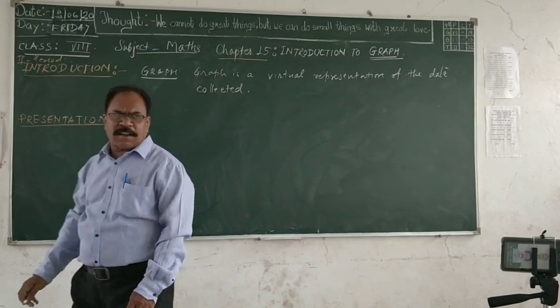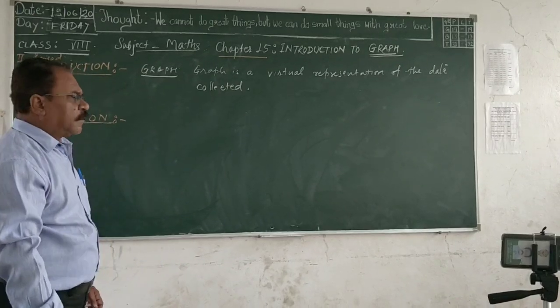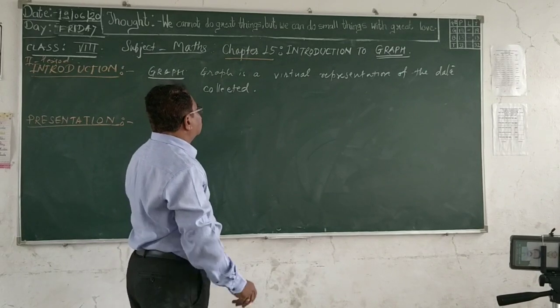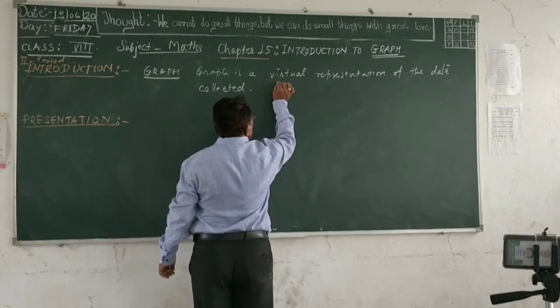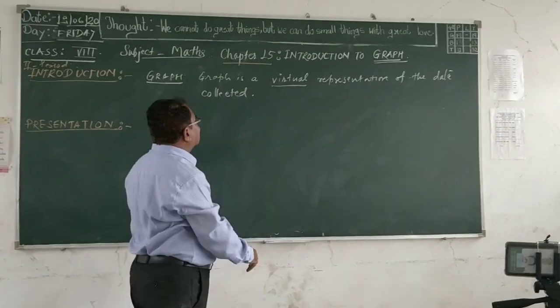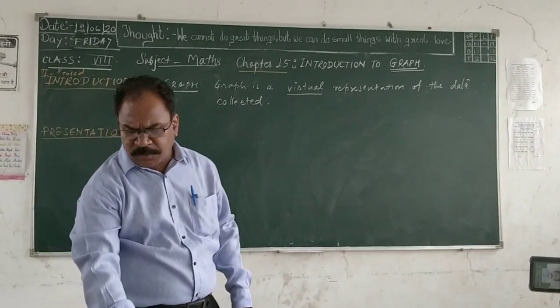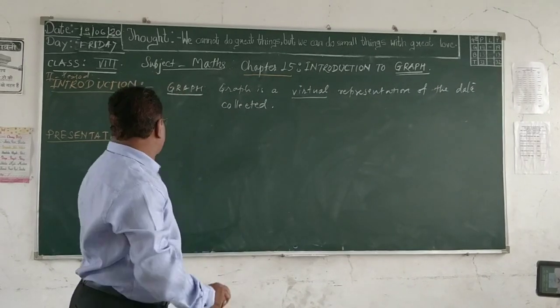First, the data is collected in the form of a table, and from that table we can show it in the visual form. This visual form is known as the graph. So this is a very simple definition of graph, and there are different types of graph.